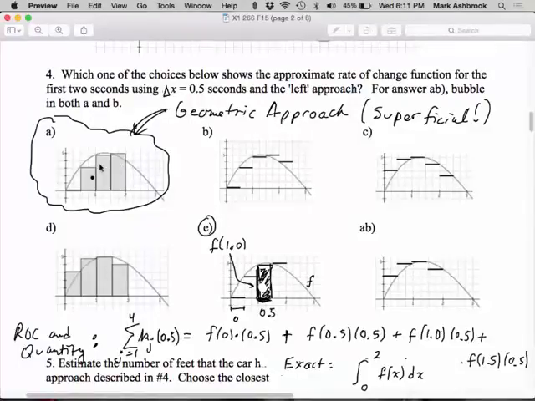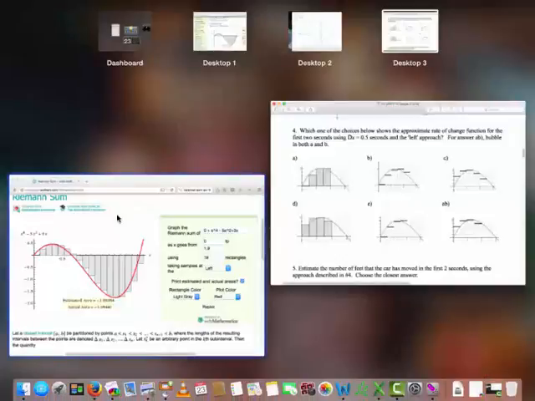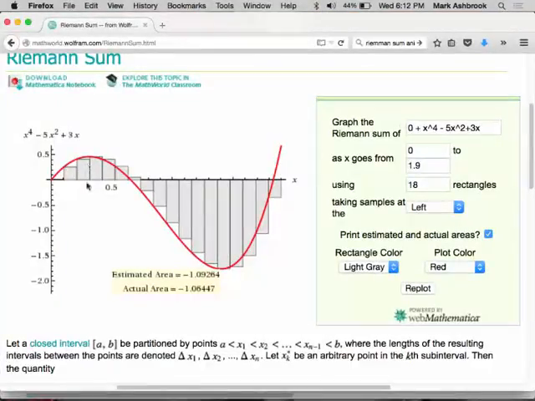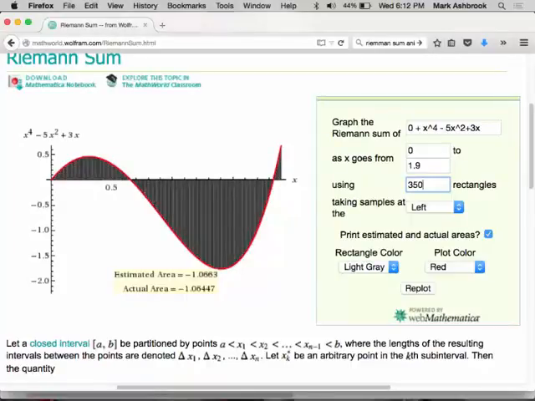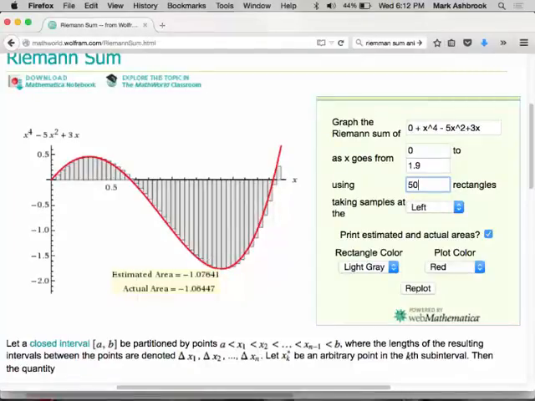Yeah, so let's think about it. If we made smaller rectangles, let's do it. Here we go. Ready? So here's something similar to what we have. If you're looking here, if we made more smaller rectangles, and we look at what happens when you keep using more and more smaller rectangles. Oh, I meant 50, not 350. So here's 50.